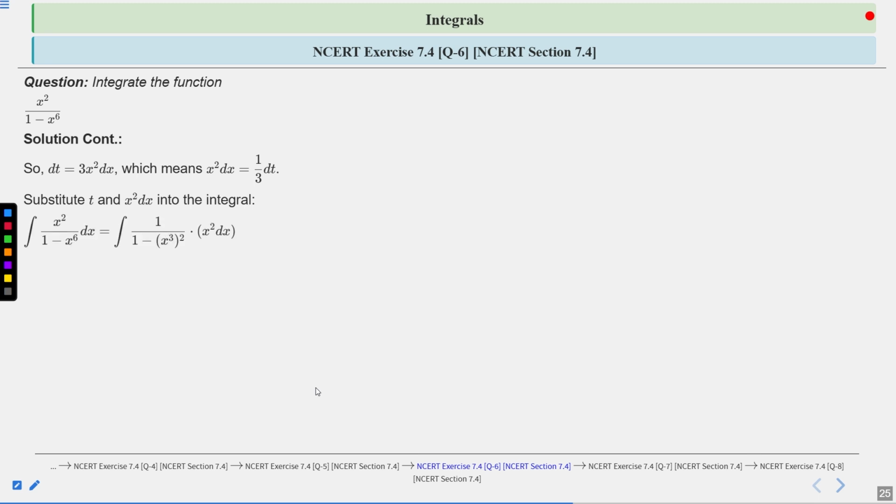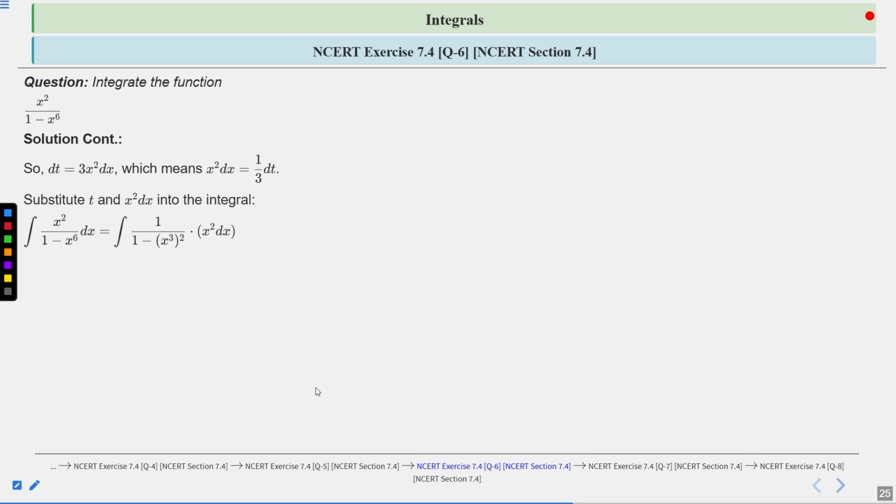We can write the integral of x square upon 1 minus x to the power 6 dx is equal to the integration of 1 upon 1 minus x cube whole square into x squared dx.